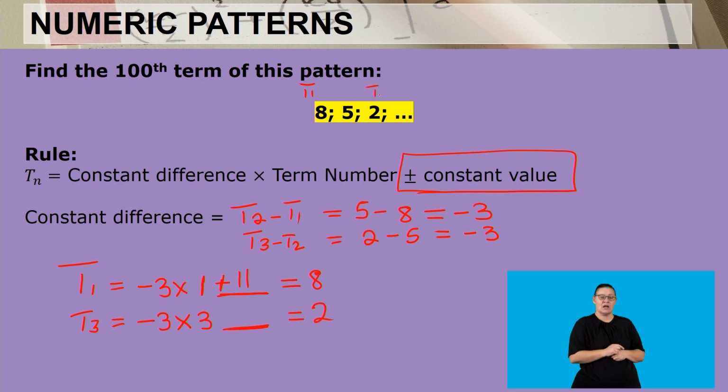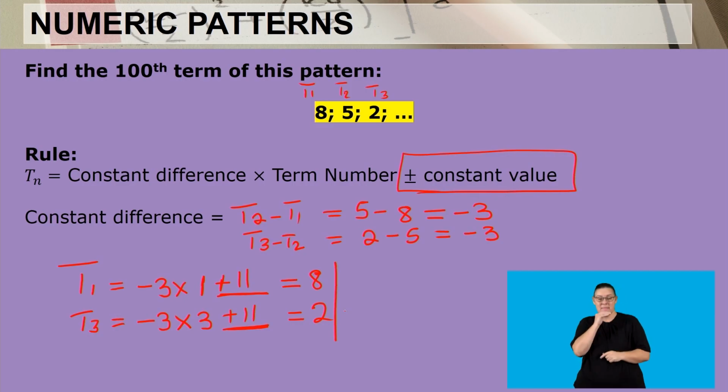As we can see, there is our third term. So how are we going to get to that 2? Remember, negative 3 multiplied by 3 is a negative 9, correct? And from negative 9, how can we move to the 2? Yes, we are going to add 11.